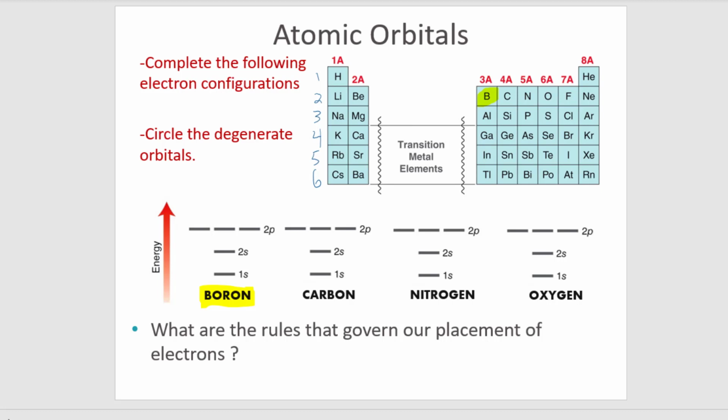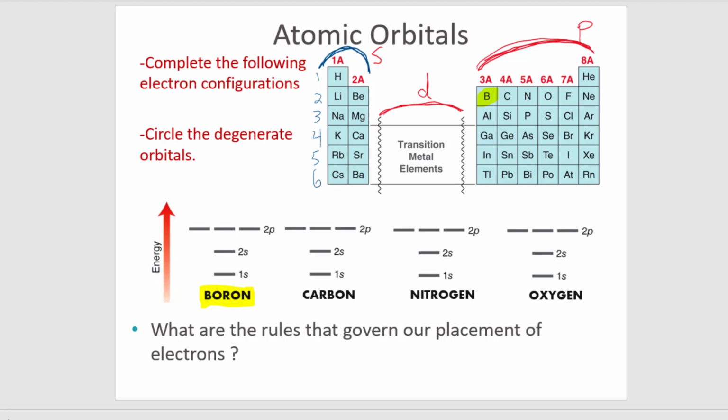We shift sides. So think about this block right here as the S block, and this block as the P block. The transition metals are the D block. They're D orbitals.